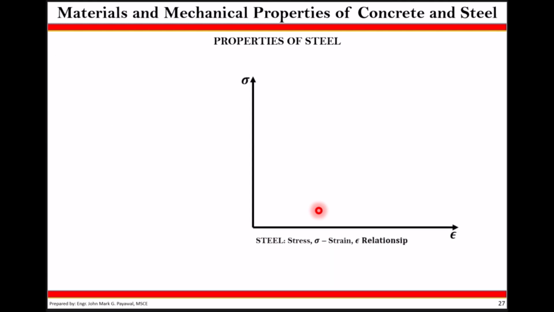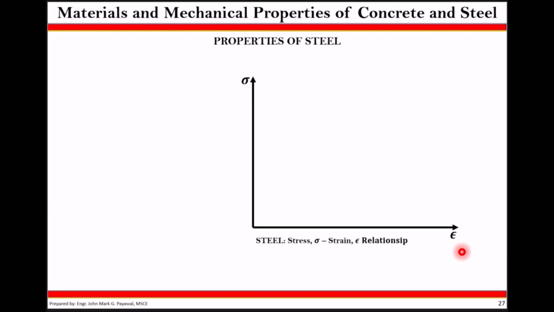Now, we jump to the stress-strain relationship of your steel. When you are discussing the stress-strain relationship of your concrete, the force is in compression. For steel, the force is in tension. Vertically, it's the stress; horizontal, it's your strain.